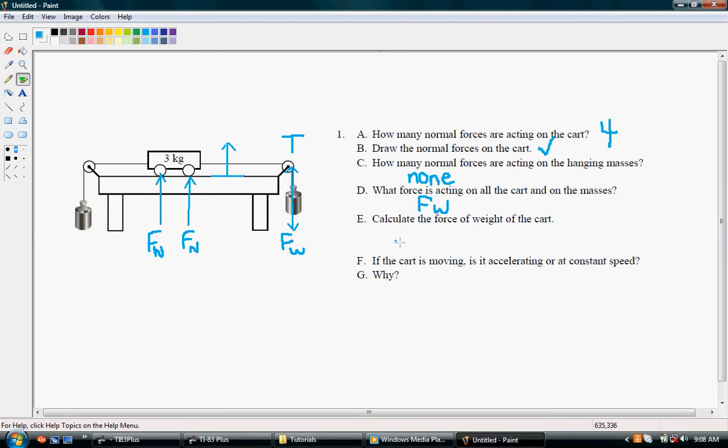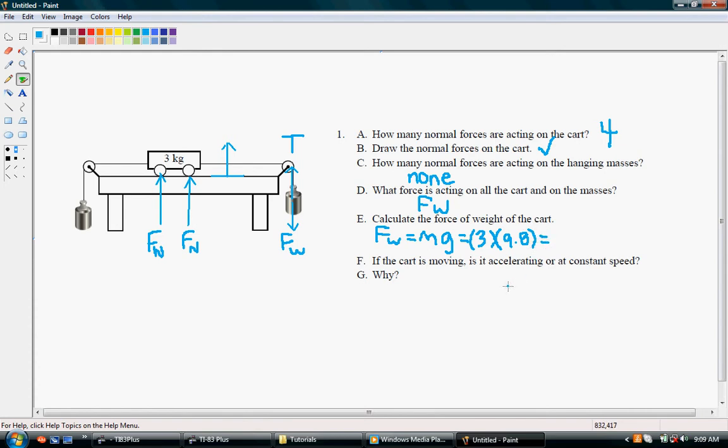Calculate the force of weight of the cart. Well, we have a nifty equation for force of weight. The force of weight is equal to mass times gravity. The mass of the object is 3 kilograms, and the gravity on Earth, because this is on Earth, is, we're going to use 9.8. Some of you will use 10, but we're going to use the magnitude of gravity, so it's going to be positive.